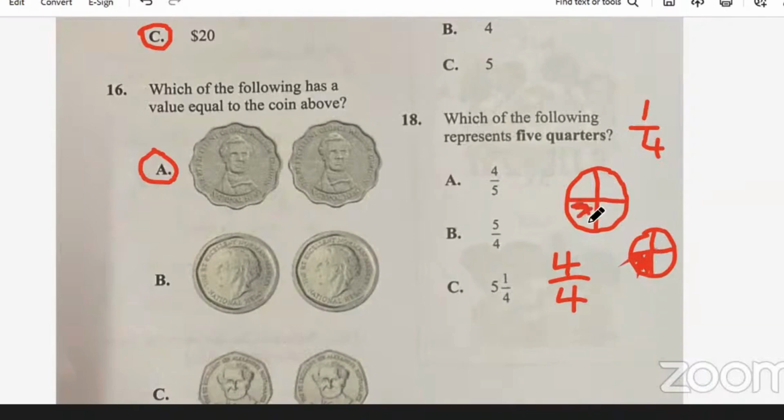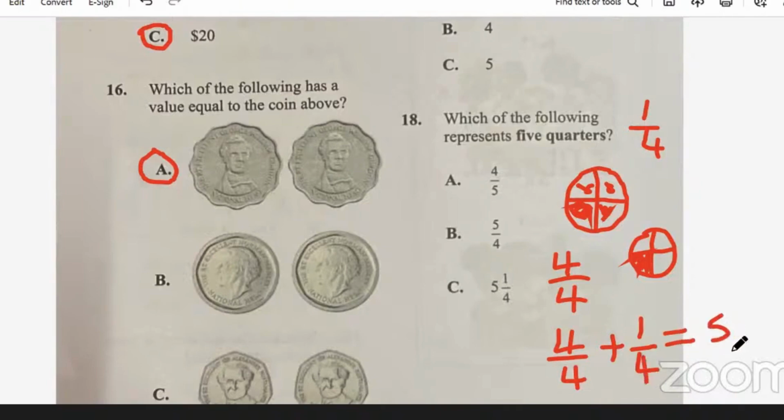Plus these. 1, 2, 3, 4. So that would be 4 quarters here, and then another one, okay? Plus another quarter, so 4 out of 4 plus another quarter would give me 5 out of 4. That's 5 quarters, okay?